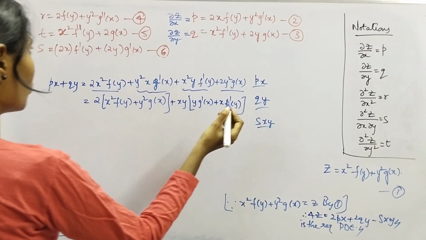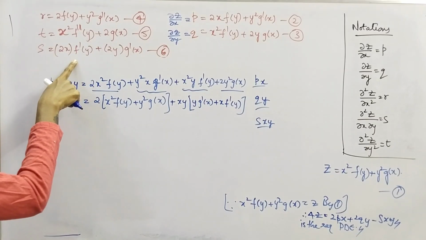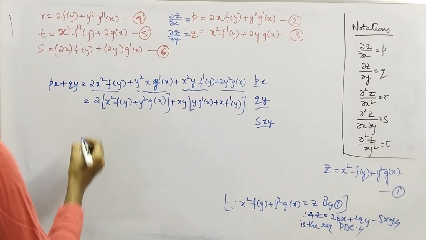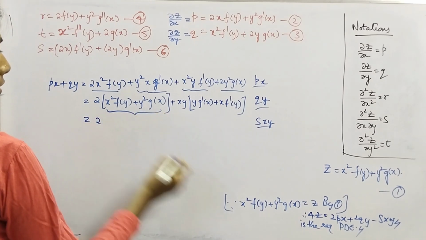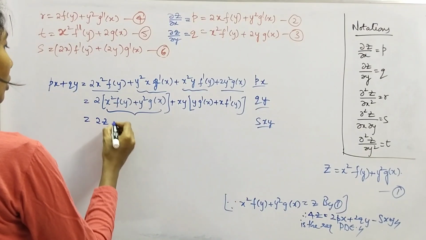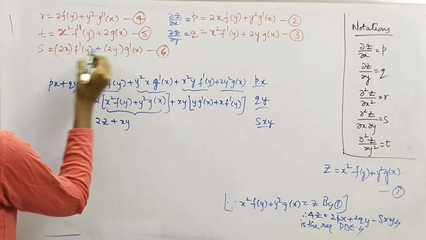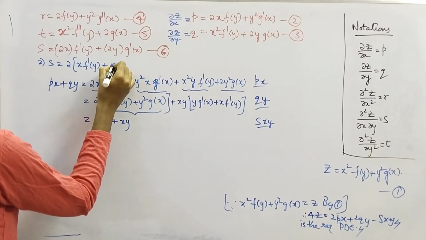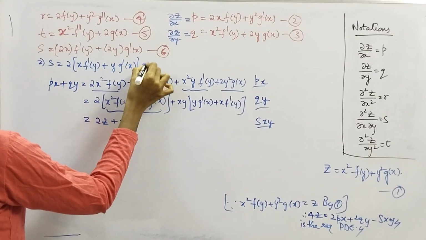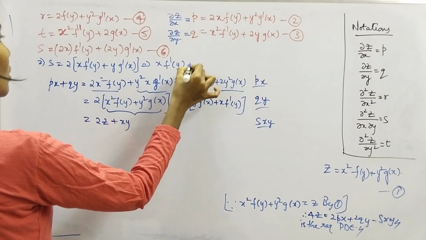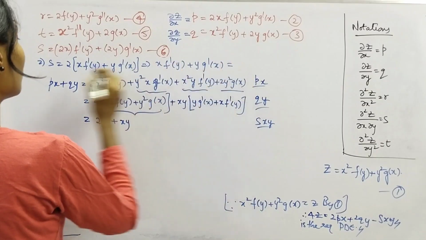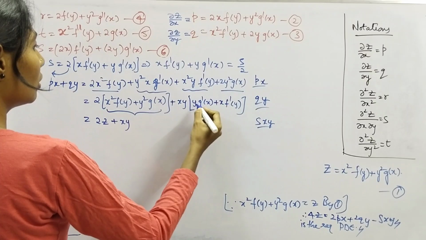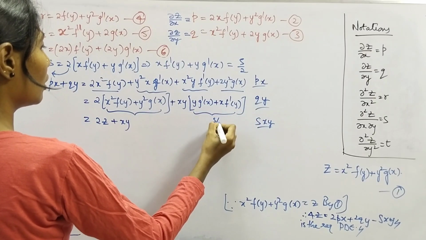We have seen this similarity somewhere, right? Yes, s has that similarity, right? So we can just replace this by z. Then 1 plus xy into, if you take 2 common from this, you'll get s equal to 2 times x f dash of y plus y g dash of x, so that this gives us x f dash of y plus y g dash of x equal to, if you take this to LHS, you'll get s by 2. Now you can replace this term by s by 2.